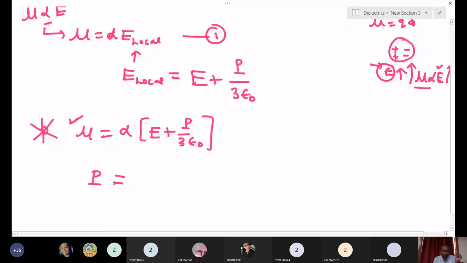If you take the number of atoms, you can write small n. This is the equation of polarization. Polarization means dipole moment per unit volume.